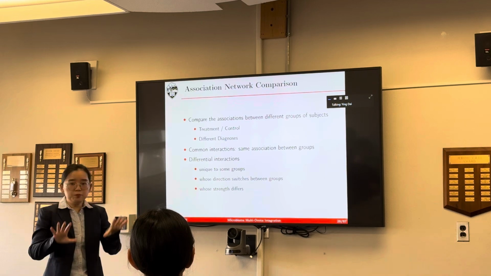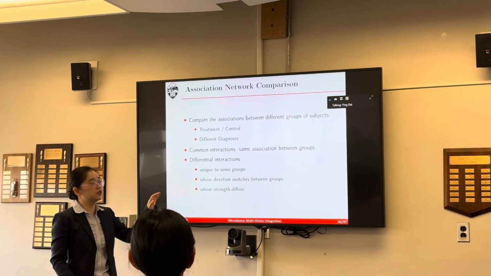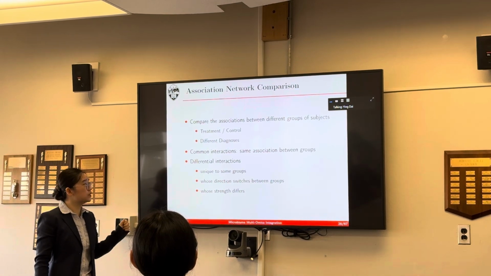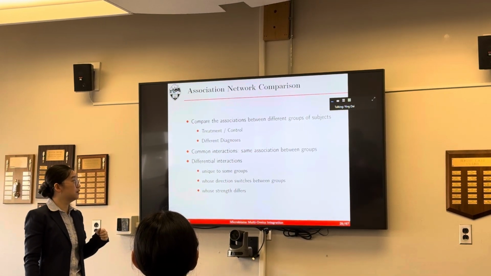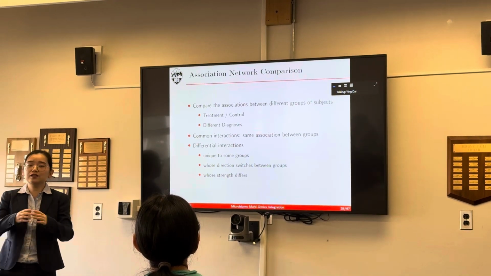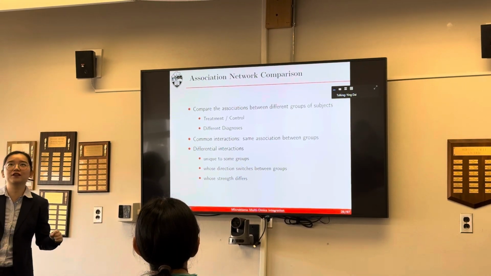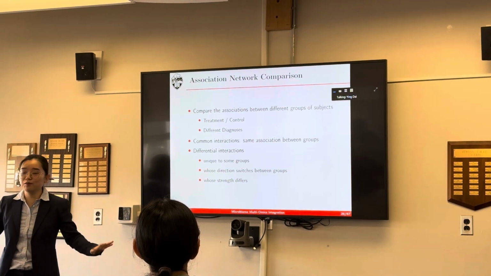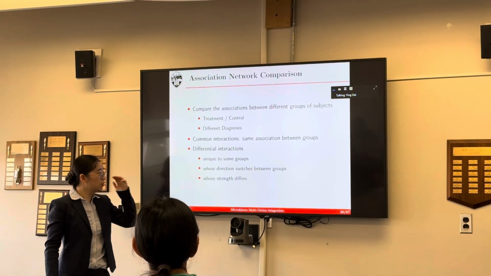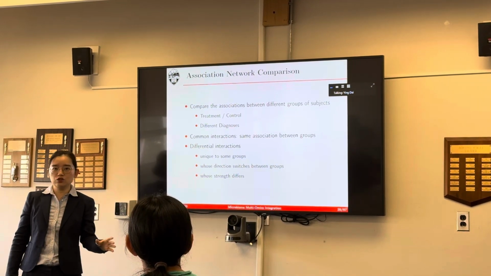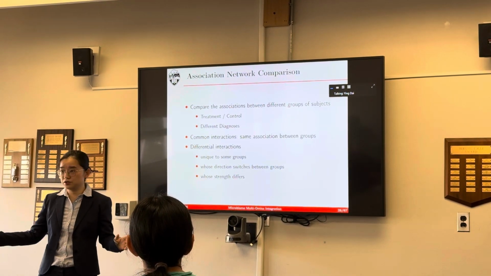And again, by comparing these 2 things, of course we want to see what the common interactions are, for sure. But most importantly, we want to see what the differential interactions are. And the difference is not actually that easy, because they can differ in different ways. So for example, there will be some interactions or associations unique to one group, but not the others.